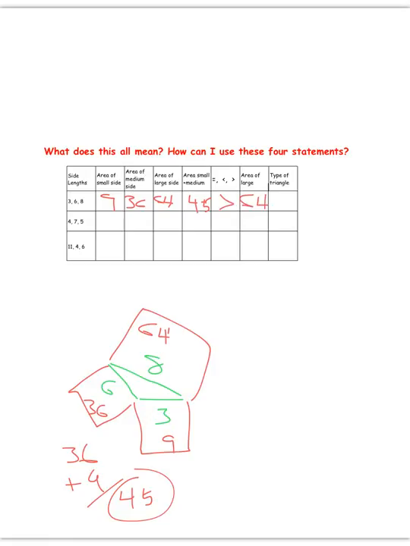So these two areas add up to be not bigger, but less than the area of the large. Going back, it is going to be obtuse.